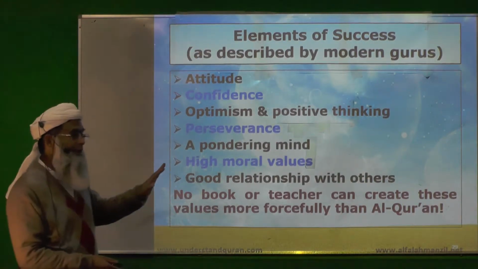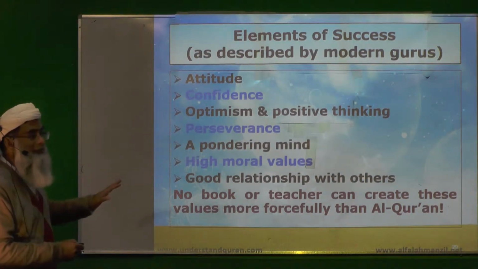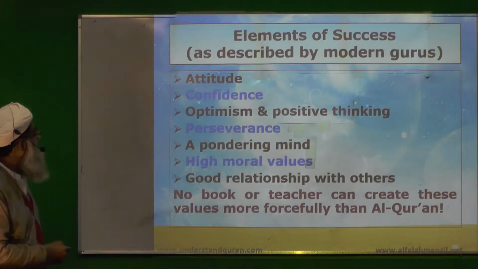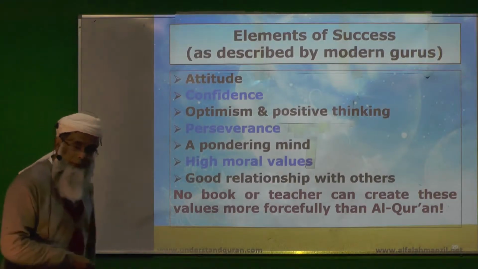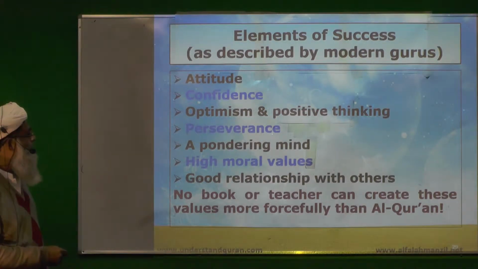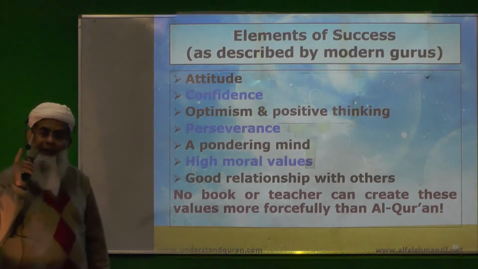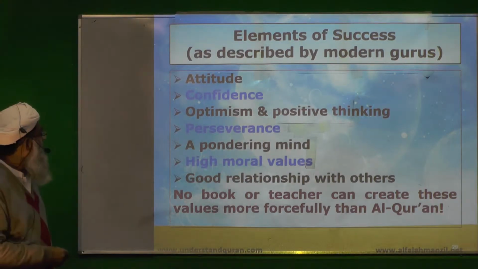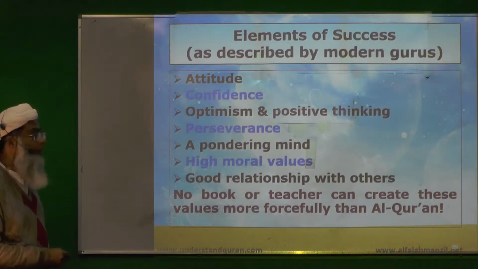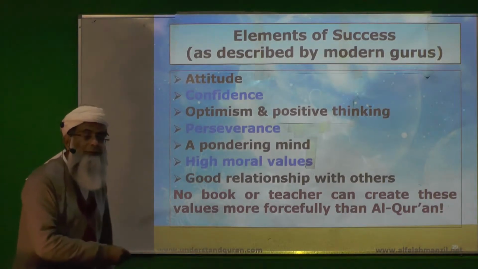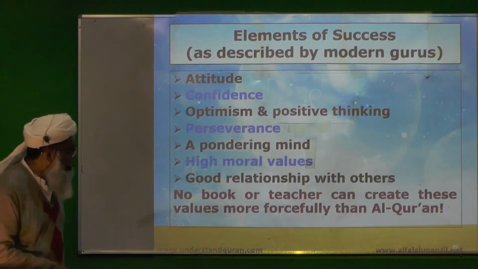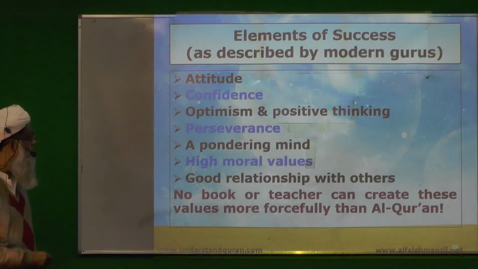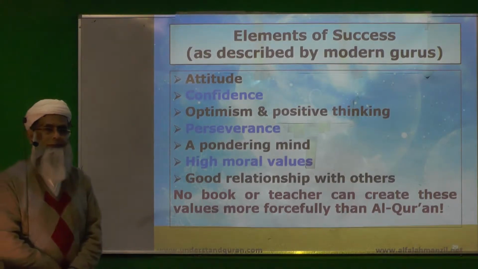They teach you at the end of the session that if you want to be successful, the elements of success are attitude, positive attitude, confidence, optimism, positive thinking, perseverance, a pondering mind, thoughtful mind, contemplating mind, high moral values. This is the non-Muslims telling us, high moral values, good relationship with others. No book, no teacher can create these values more forcefully than the Quran.